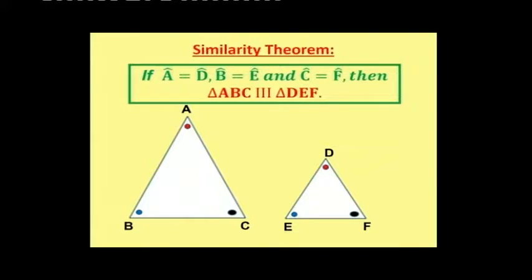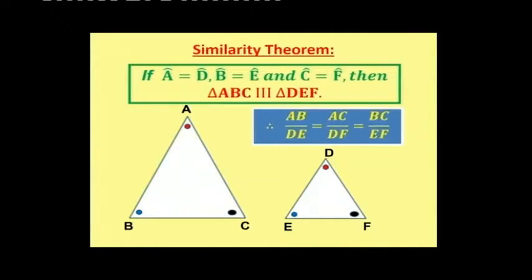So what is similarity, or what does it mean? The three angles of the one triangle are equal to the three angles of another one. So if two triangles are similar, then we can write down a proportion, according to the two triangles: AB over DE, can you see, left side over left side, equals AC over DF equals BC over EF.